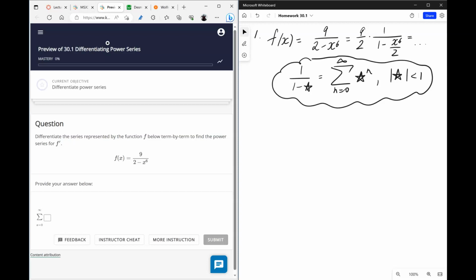Now, with that in mind, our function can be written like this. And we can simplify it.